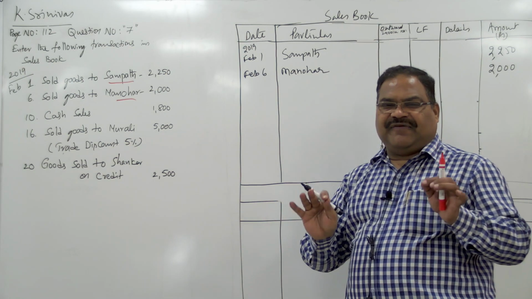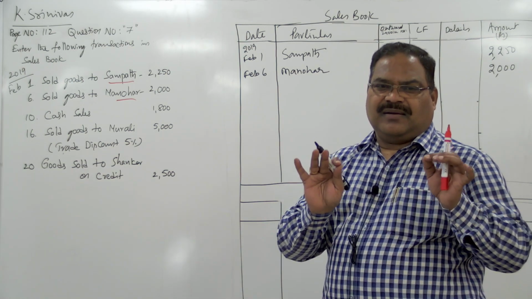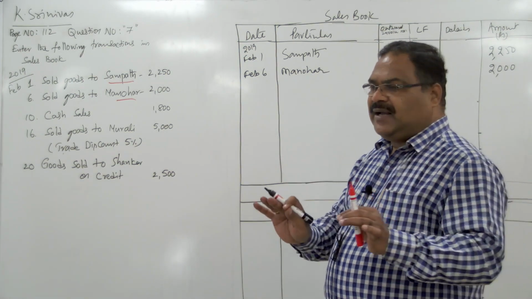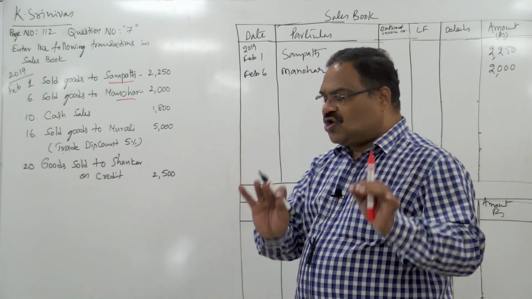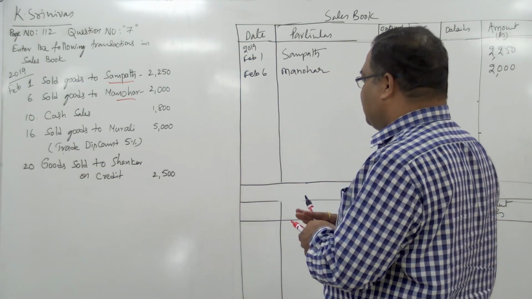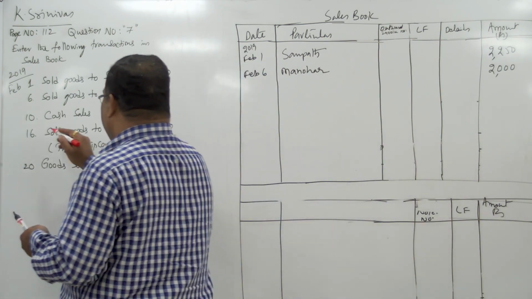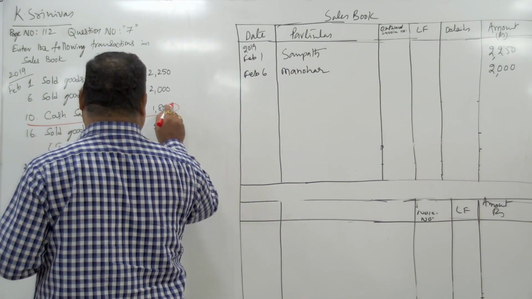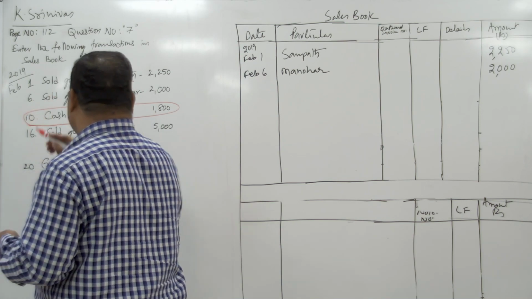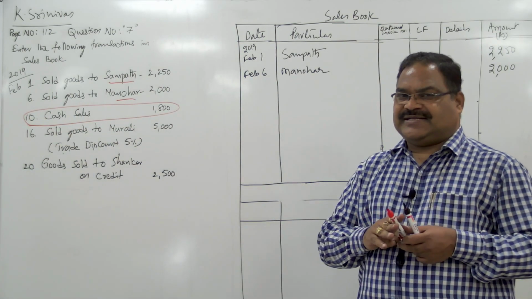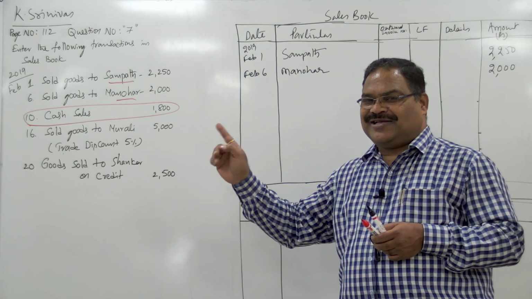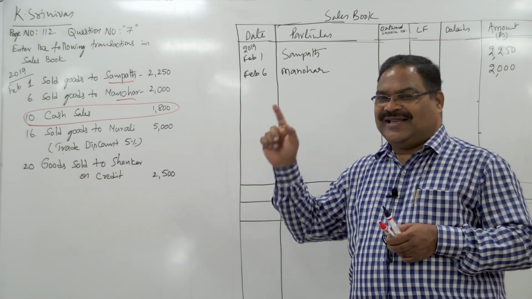It is a very simple book, but you should be a little careful, that's all. Next, very good. Now we got the next transaction, cash sales. Where should this transaction go in the subsidiary books?